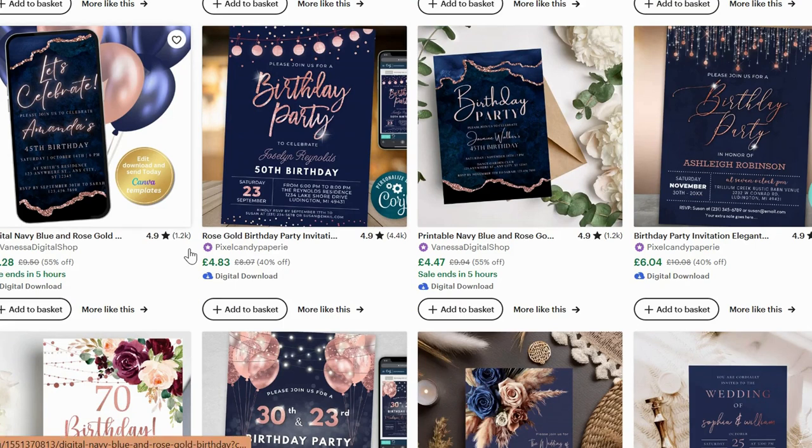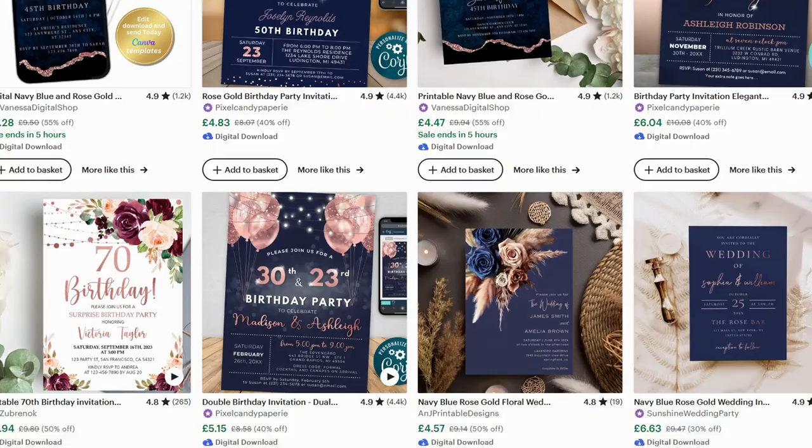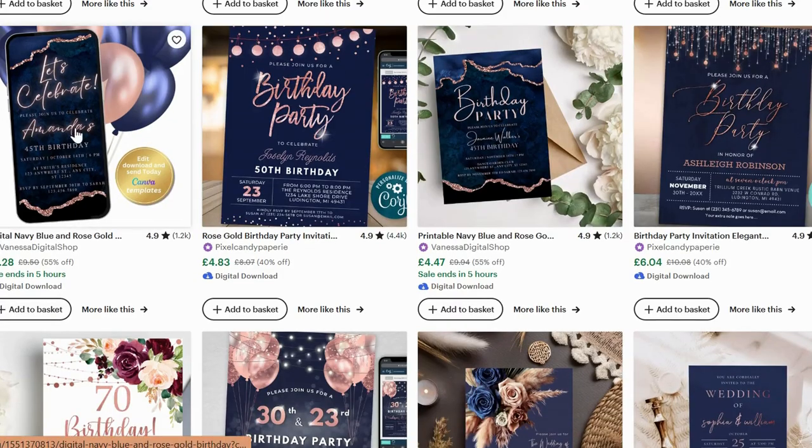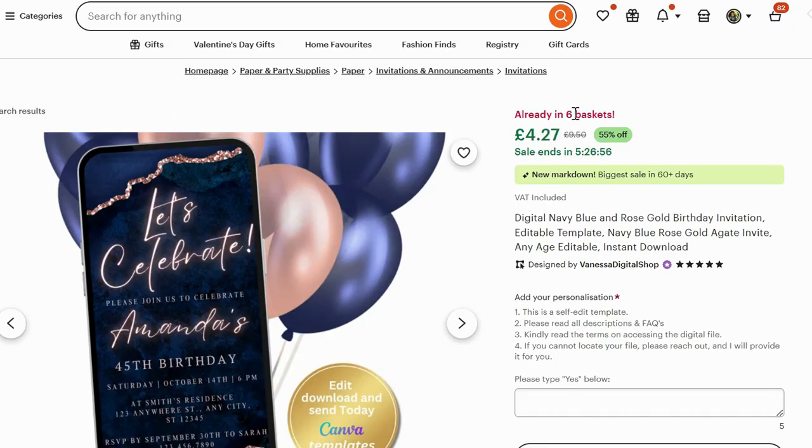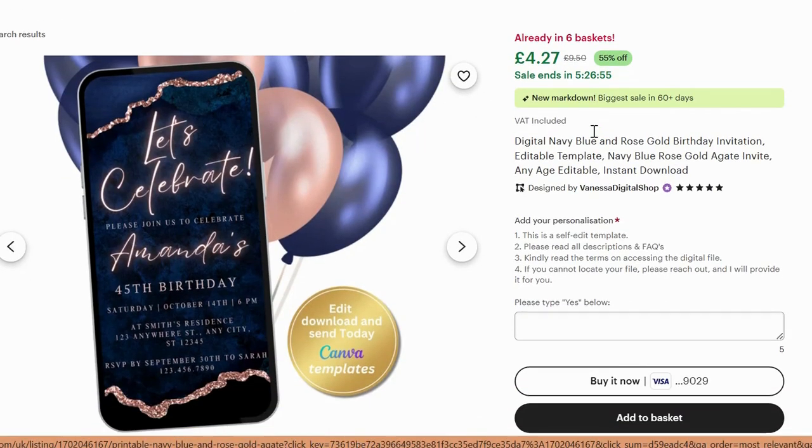And then what I'm seeing is that instead of blue, it really is a navy blue that people are looking for. And to prove that, you would then go in, open up a couple and see if you can see any more data. So already in 6 baskets for this one.